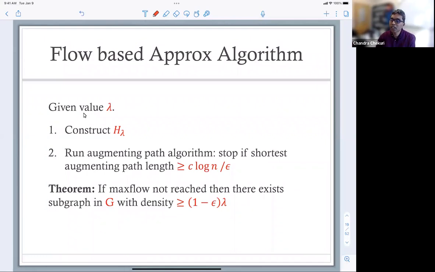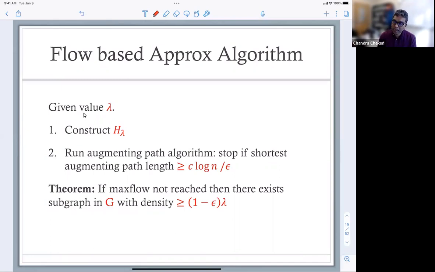We characterize it by saying that if you solve this problem using an augmenting path algorithm, which is a standard flow algorithm, you can stop when the shortest augmenting path length is roughly log n over epsilon.